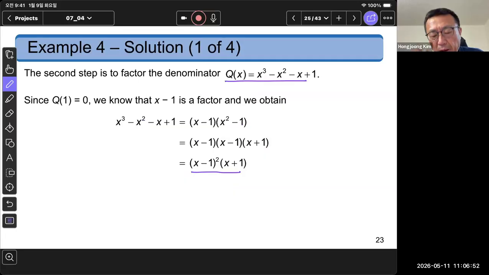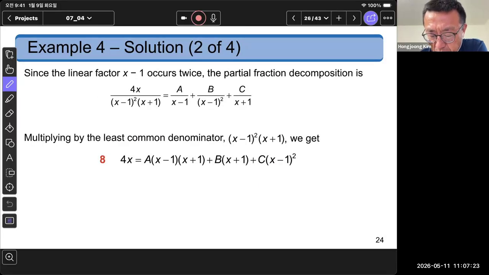If you factor this cubic polynomial, then you get x minus 1 squared times x plus 1, right? Now you can use this approach as in the slide, or you probably learned some different techniques from your high school days. So anyway, somehow you could factor this denominator.